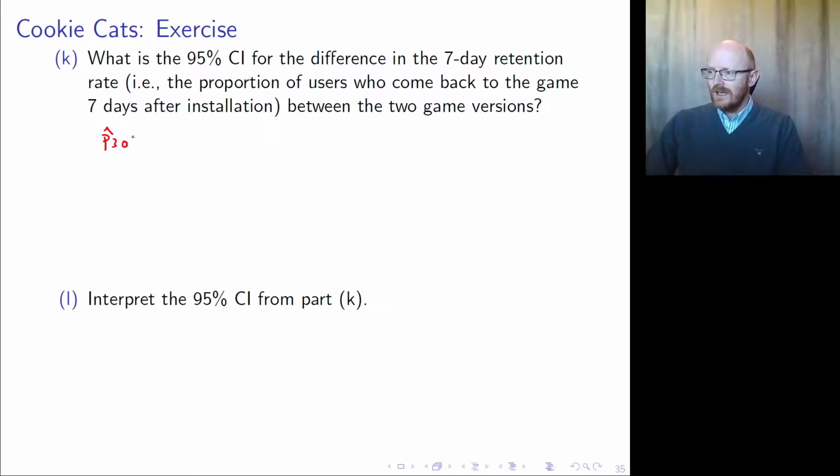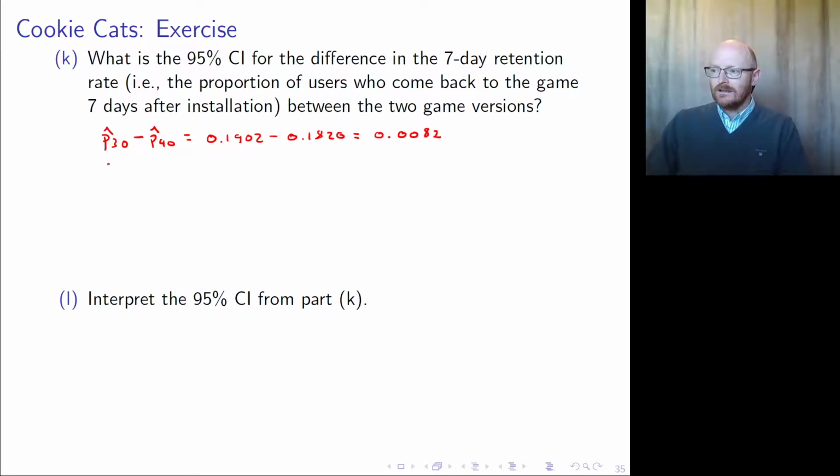So P30 hat minus P40 hat is 0.1902 minus 0.182, if I remember correctly, which is, let me see, I've forgotten what it was. Yeah, 0.0082.